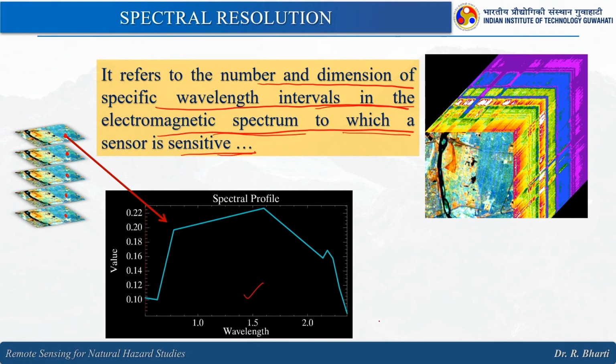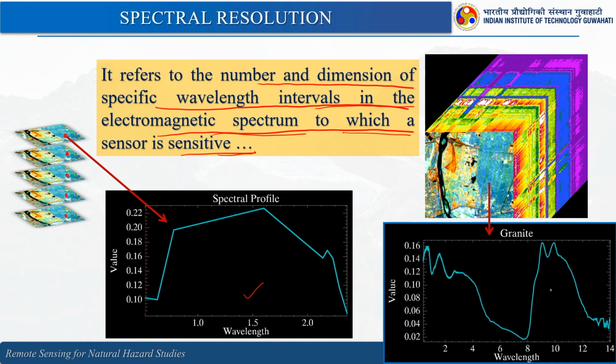When we have 200, 400 or 500 or thousands of images generated at the same time by the same sensor, we will have thousands of points to plot here. So, for this we can call it low spectral resolution, for this we will call it high spectral resolution.